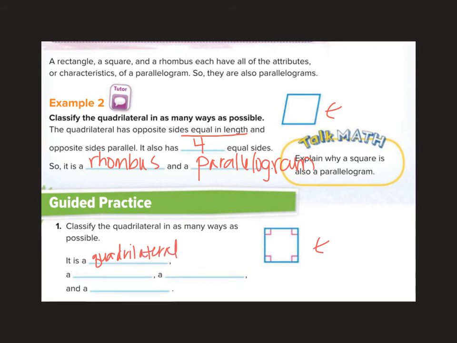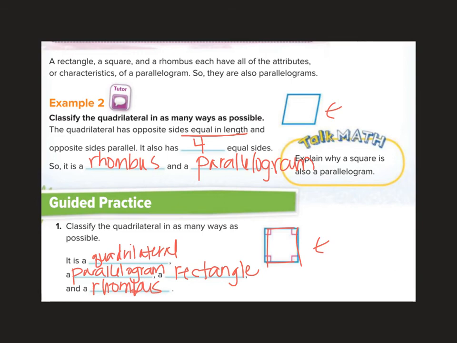It is a parallelogram because it has opposite sides that are parallel. 2 pairs of opposite sides are parallel. It is a rectangle because it has 4 90-degree angles. It is also a rhombus because it has 4 equal sides.